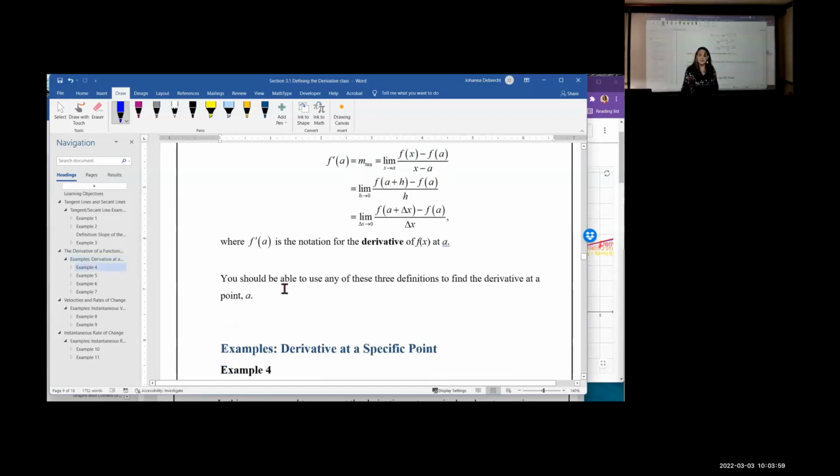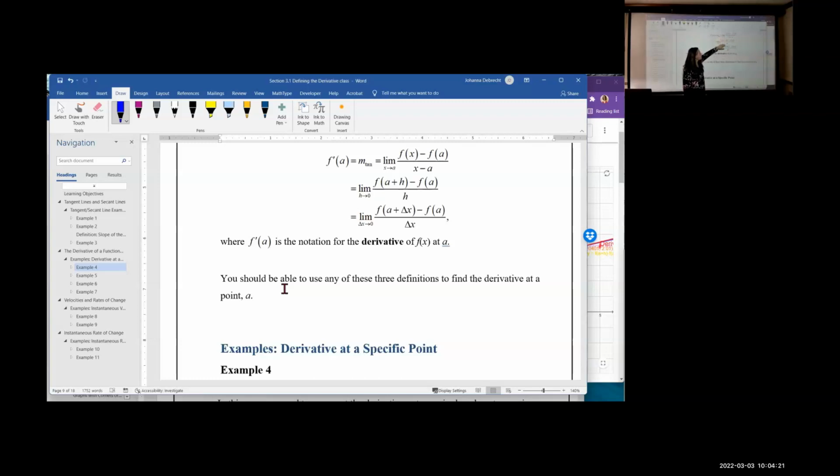The notation for derivative is the prime notation. And you'll see it looks like a single apostrophe. It is slightly slanted because it's italicized. So we have f, and we read this as f prime. F prime of a is the slope of the tangent line, which gives us these three forms right here.